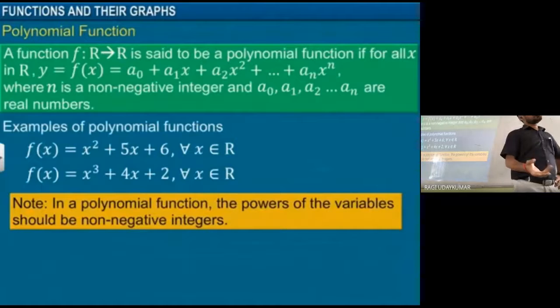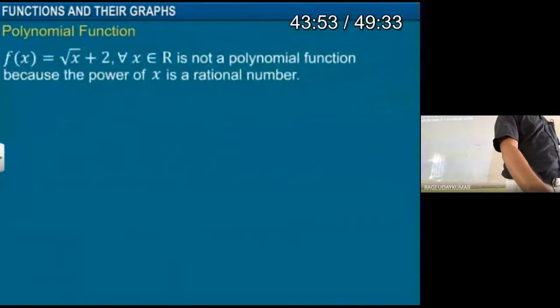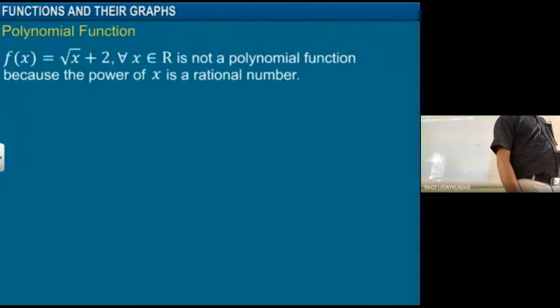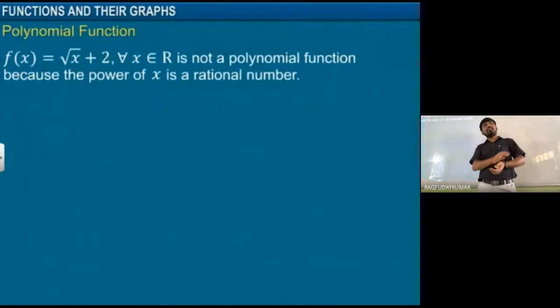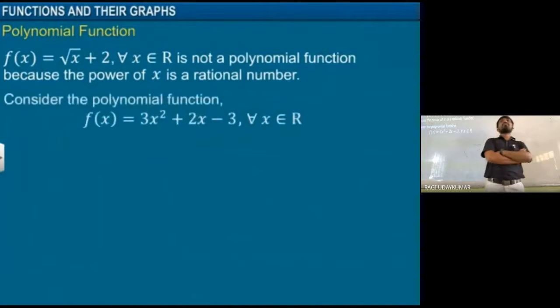Whether f of x is not a polynomial function: f of x equal to root x plus 2, because root x plus 2 is not a polynomial. Why not? Power should be a non-negative integer, the power of the variable, then only it is called a polynomial. So it is not a polynomial function.